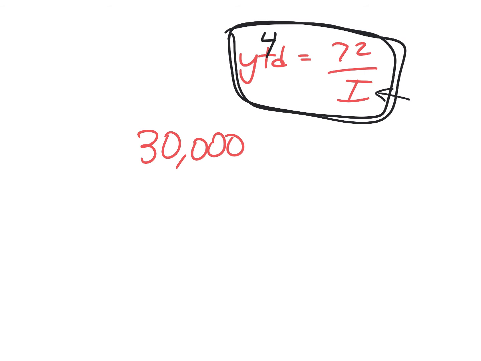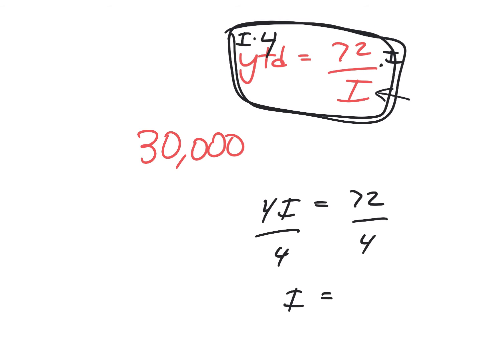So I'm going to now multiply by I on both sides. And I have 4I equals 72. And I divide by 4. So I got to take 72 divided by 4. Now I'm not going to spend much more time on this. This is one of those where it's really cool, but it's not something we're going to test you on as much as the next thing I'm going to show you.